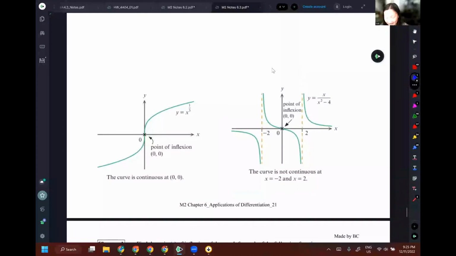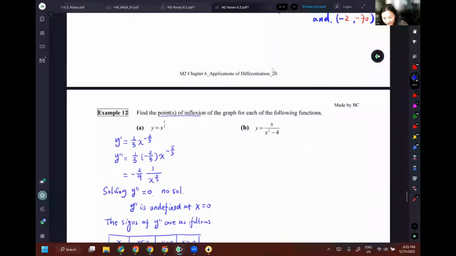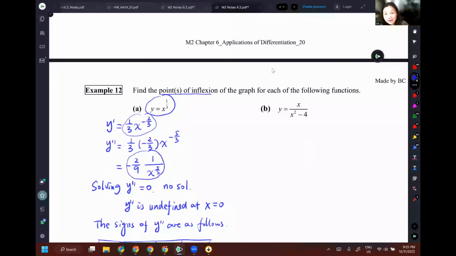Okay? And the original curve is not undefined. The original curve is not a fraction, you see. This is not a fraction. The derivative is a fraction. The second derivative is a fraction. Only the derivative is undefined, and the second derivative is undefined at 0.